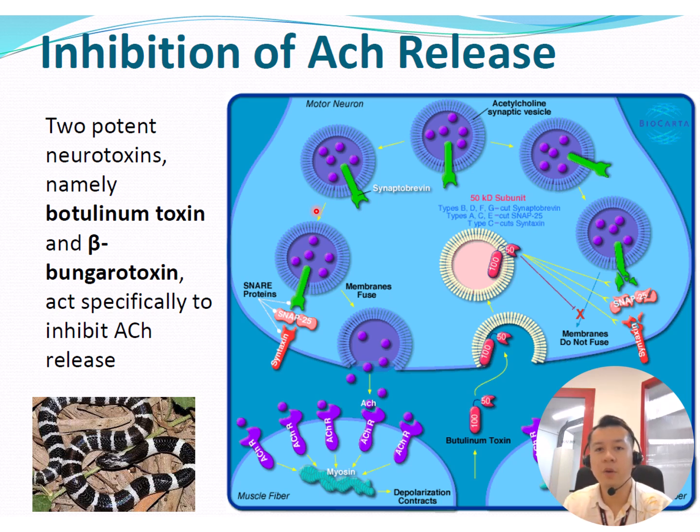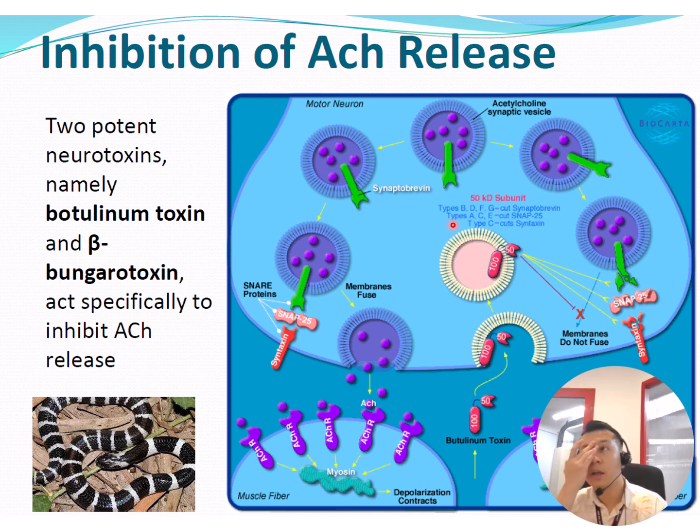Okay, and also we have beta-bungarotoxin. Beta-bungarotoxin is a venom component in certain snakes. This toxin targets the SNARE protein, which is quite essential for vesicle fusion as well.